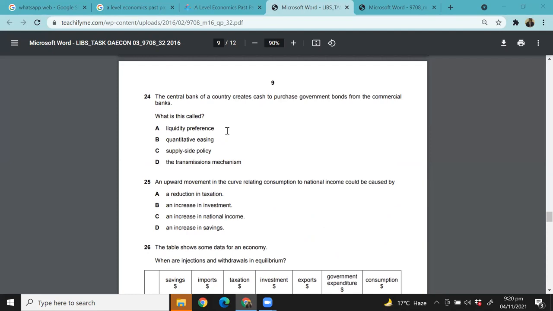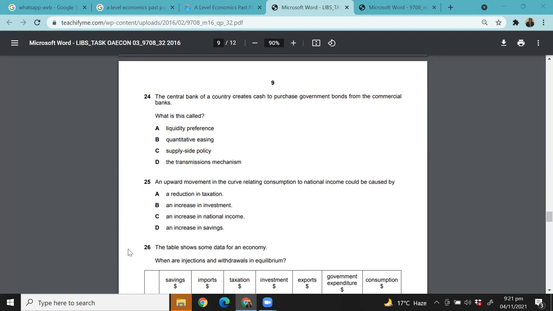The next question says, the central bank of a country creates cash to purchase government bonds from the commercial banks. What is this called? That should be easy, students. We have discussed this, right?